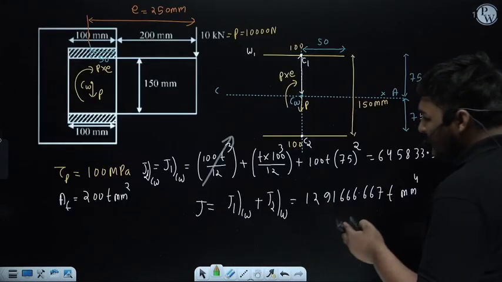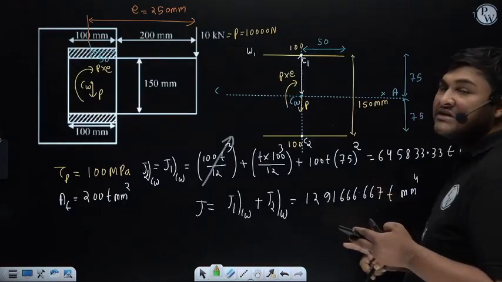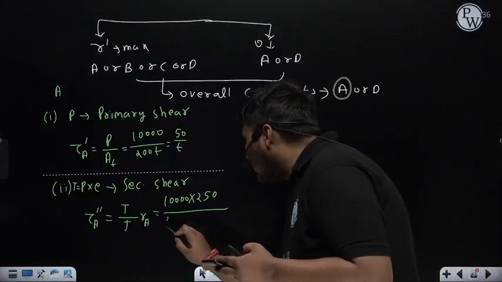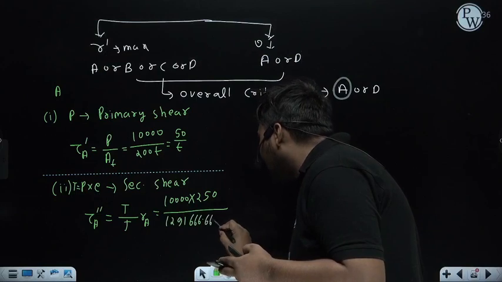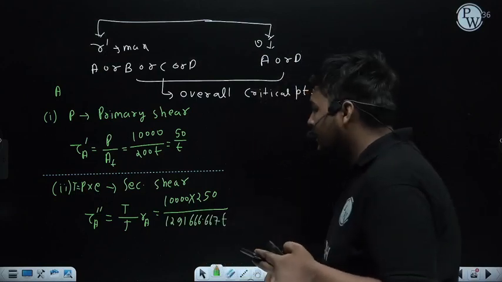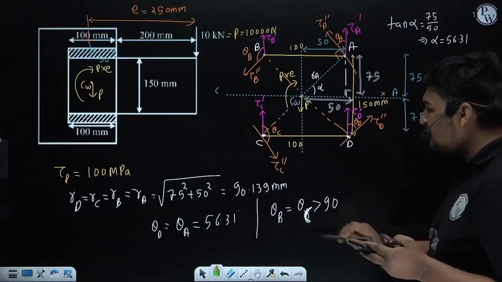Now the polar moment of inertia of this weld we have calculated, it is coming 1291666.667 into T. So it is 1291666.667 into T into distance RA, and distance RA we have calculated, it is 90.139.